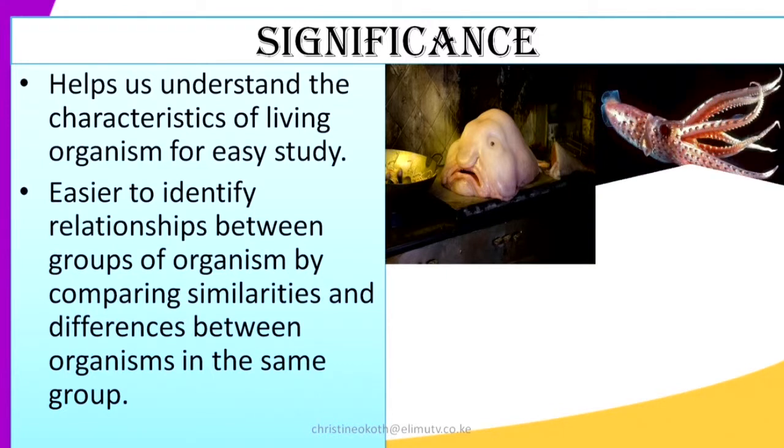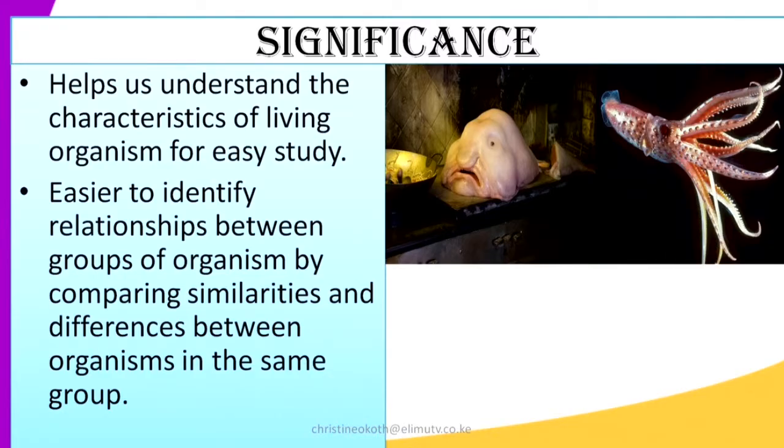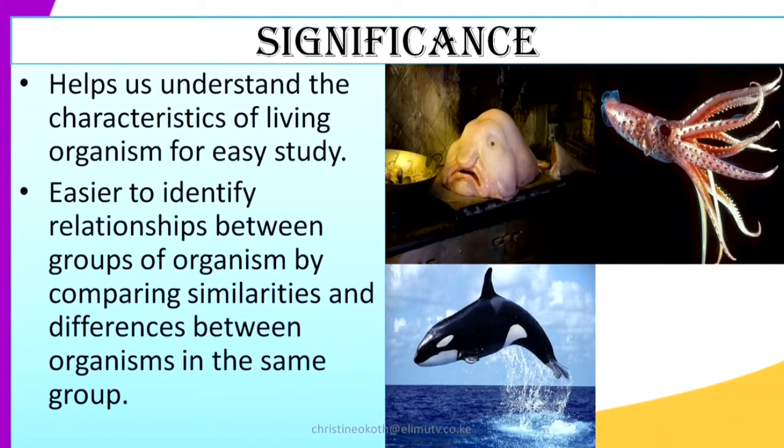The next organism we have is a squid. There are 304 species of squid. It is among the largest invertebrates found on Earth. The next species is a whale, very common. This is a marine mammal.